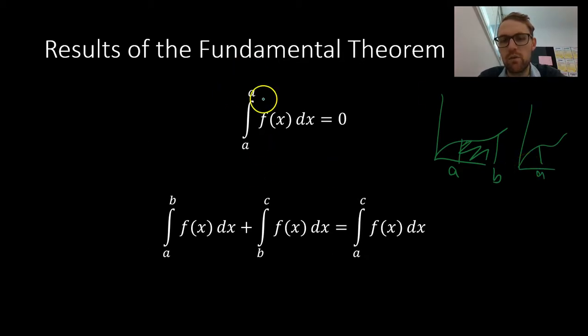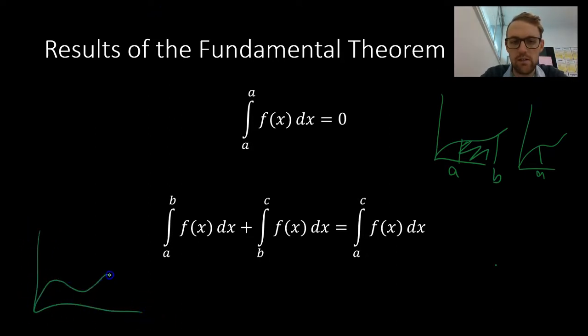If we do the integral from one point to the same point, we get 0, and this is the second part. So basically with this second part, we're taking an integral from a to b. So if we've got a function and it looks like this, taking an integral from a to b, and we're adding on an integral from b to c.